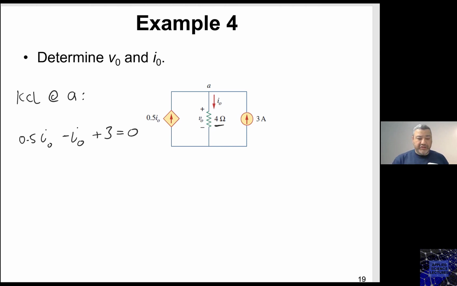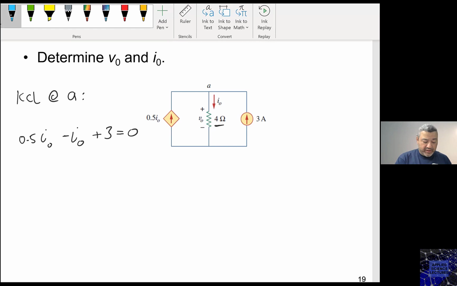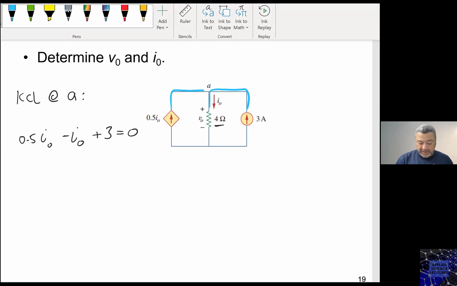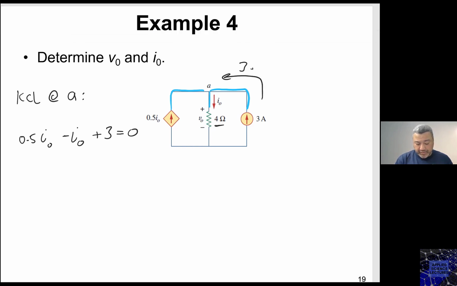So look at the branches. It is very important. Look at how many branches, how many wires you have here. Every wire is going to result in a current. As you can see here, I have 3 currents. One of them is the 3 ampere coming this way. I have the 0.5 I naught coming this way, and then I have I naught going through the 4 ohm resistor.